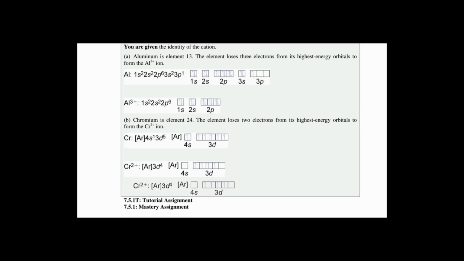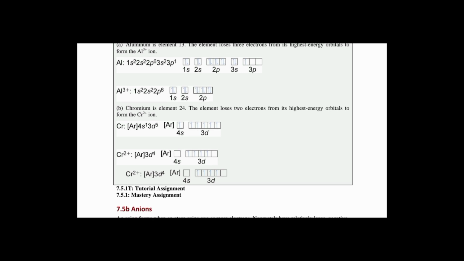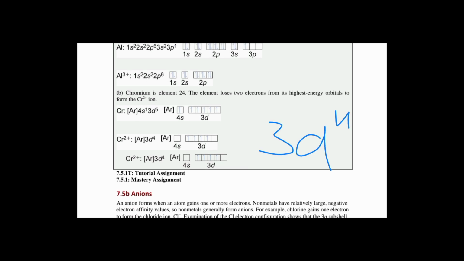Chromium, yeah, there is an exception for chromium. As we know, a half-filled 3d orbital is more stable than a partially filled one. What is partial? Partial is anything like 3d4 or 3d6, 3, 2.